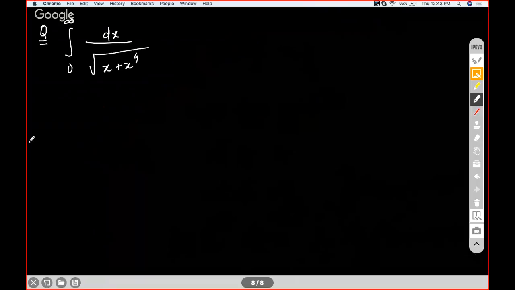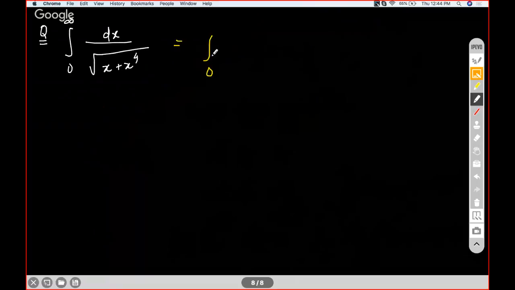Any idea how to do it? So you have to find a lower function. Absolutely. You have to see whether you can find a function whose convergence or divergence nature is known and it is lesser or greater than this function. Exactly.